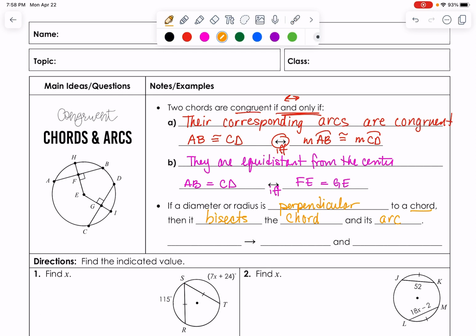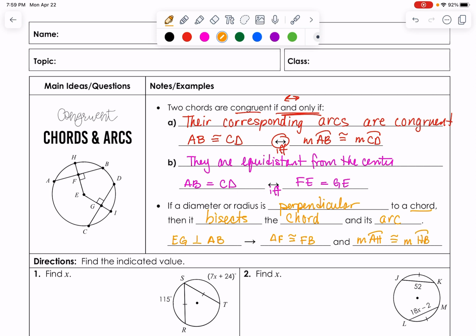So in short terms, since EG is perpendicular to AB, AF is congruent to FB, and the measure of arc AH is congruent to the measure of arc HB.